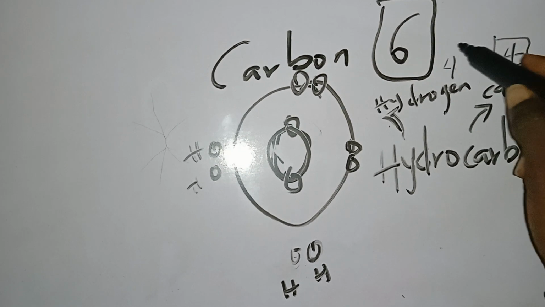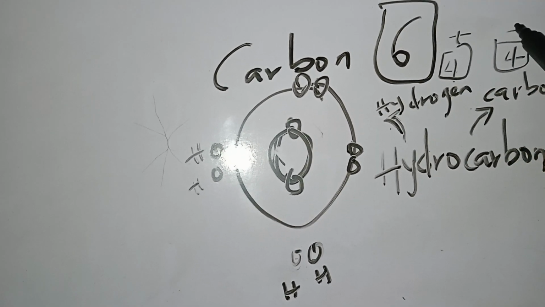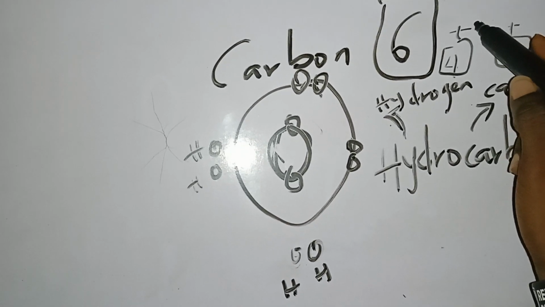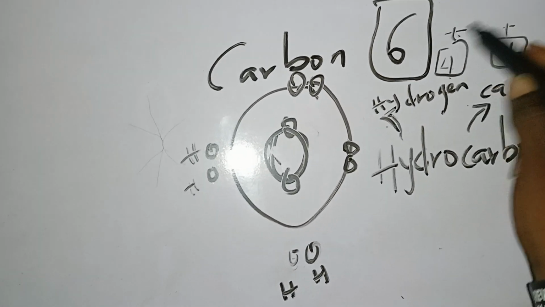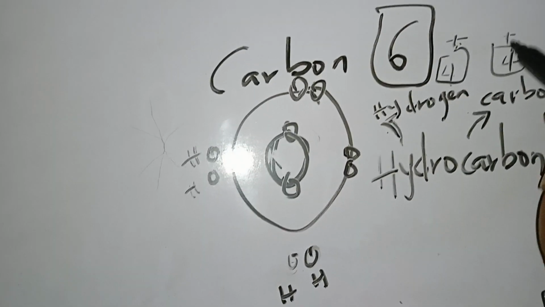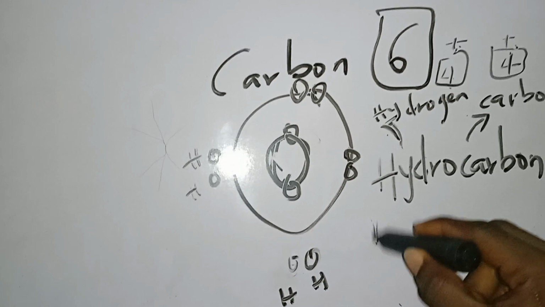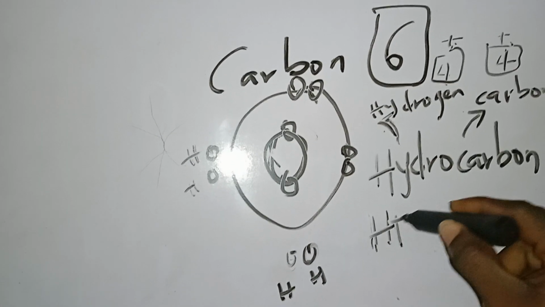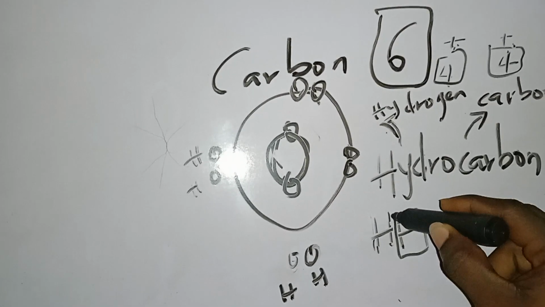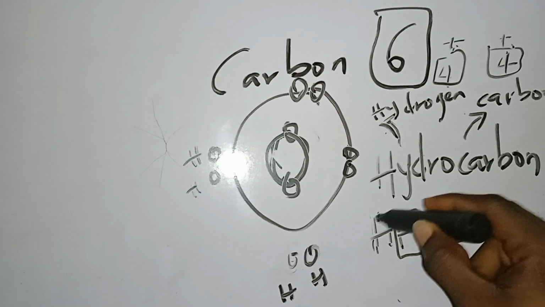So they are equal. The positive and negative, they are equal. They cancel out very well, such that this is no more electropositive, or this is no more electronegative. But whenever you have a situation like, let's say you have HF, fluorine is more electronegative, so it will turn this hydrogen partially positive.